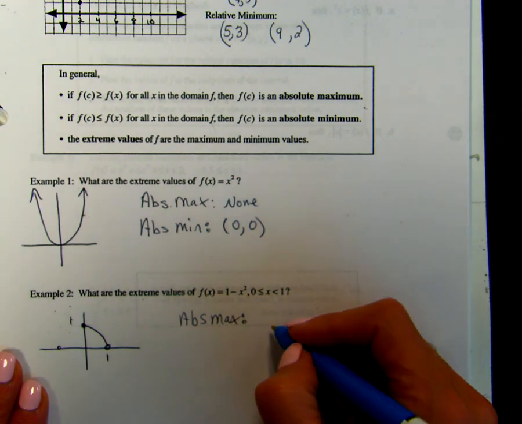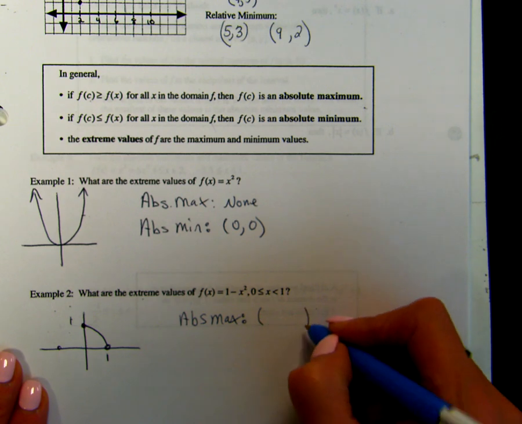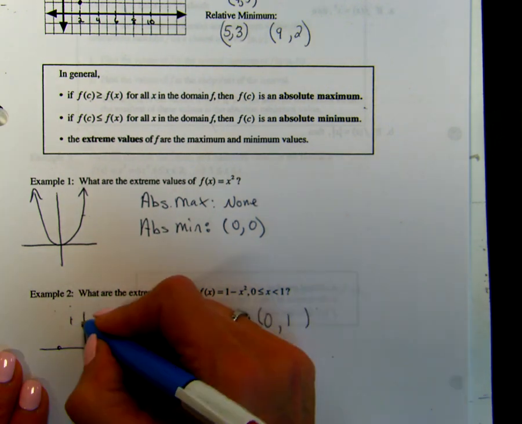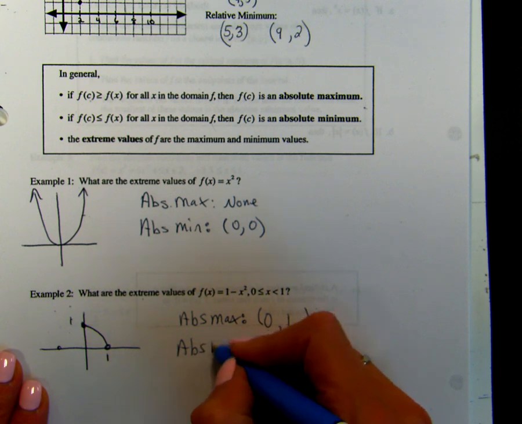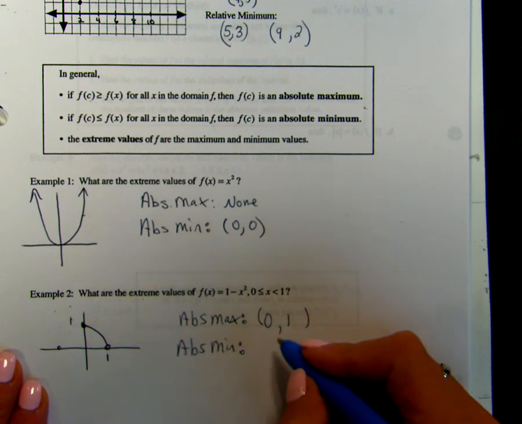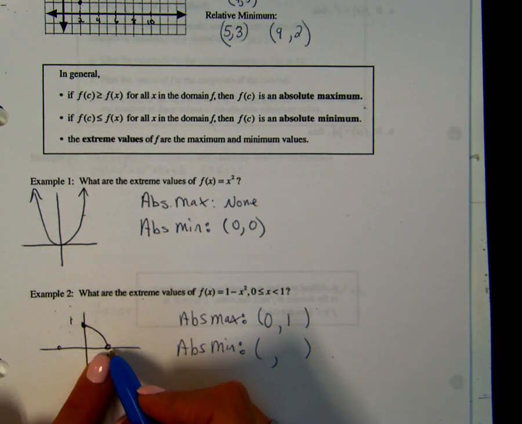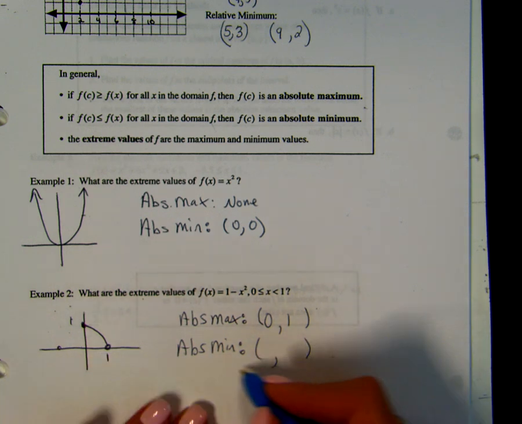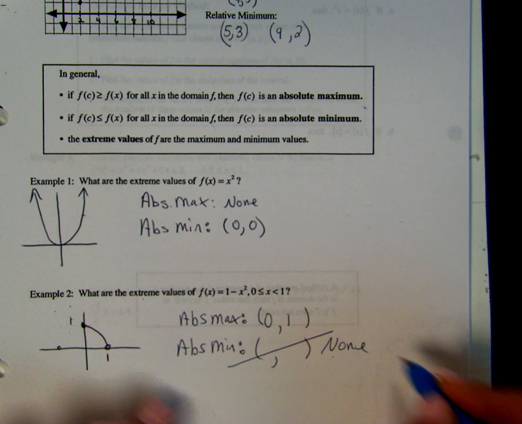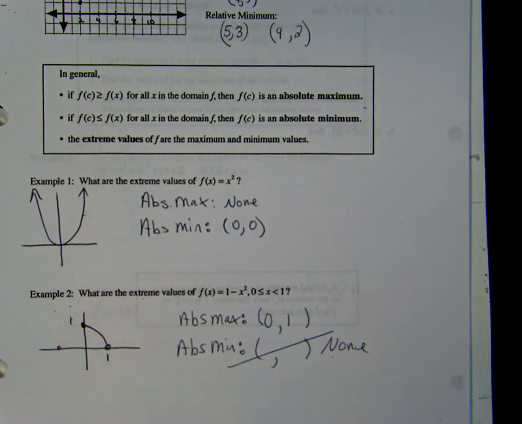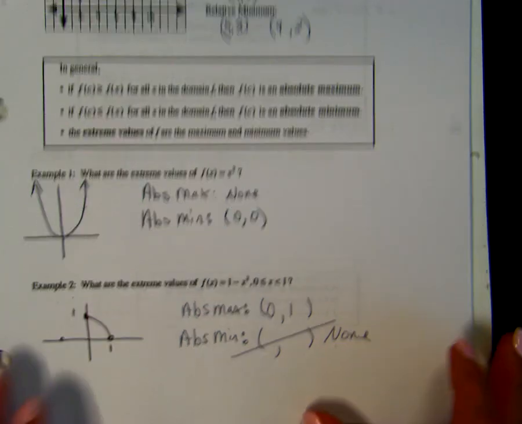And if so, what is it? Biggest this gets? 1. Do we have an absolute min? What's the smallest this gets? Does it get to 0? No. Does it get close? But no matter how close you get, I could always come up with a number smaller. So this one has none because of the open circle. Easy chapter, right?